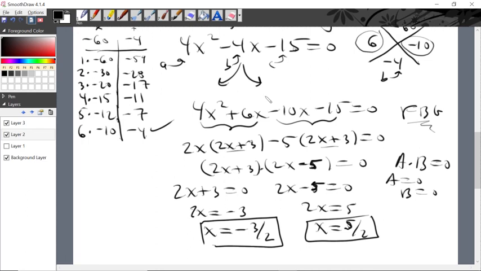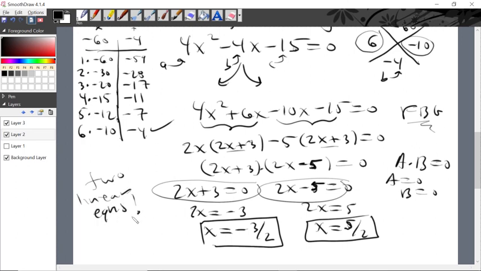By factoring, we were able to take the standard form quadratic and bust it down into pieces where we ended up creating not one but two. What kinds of equations are these? We created two independent linear equations, right?